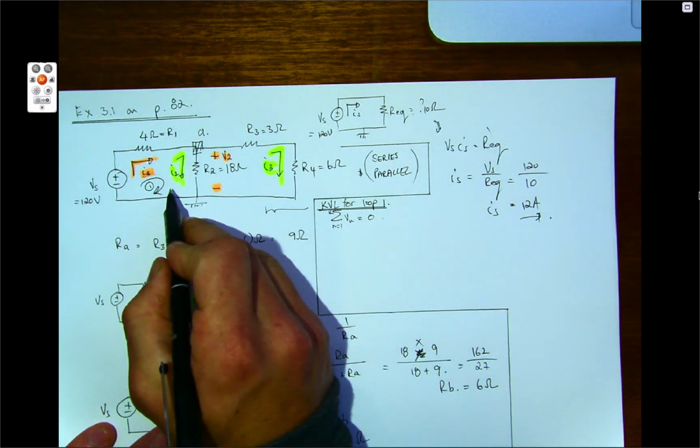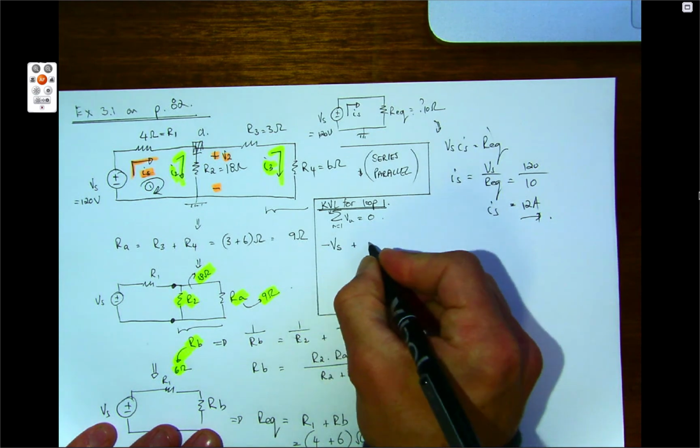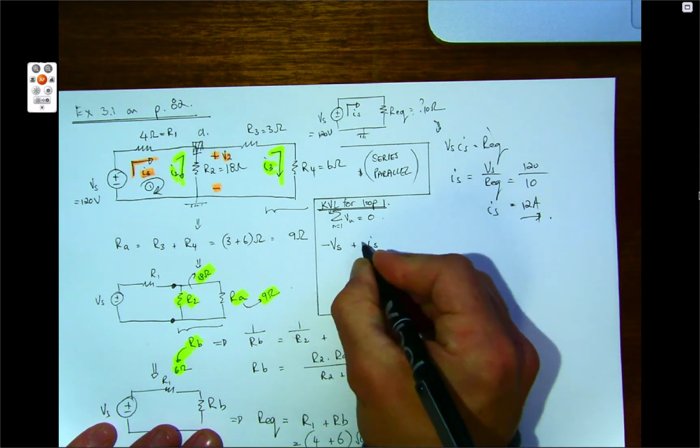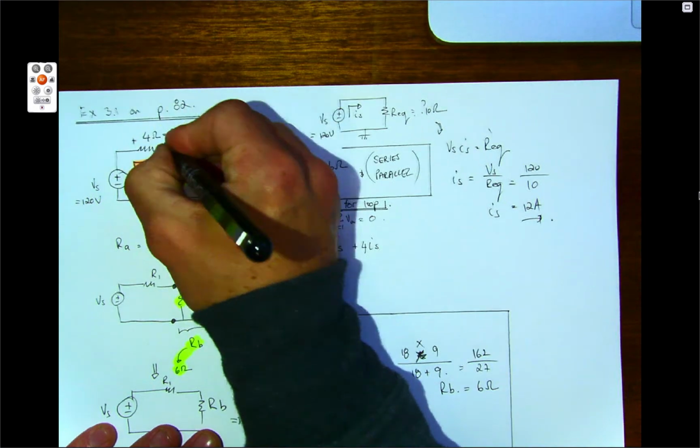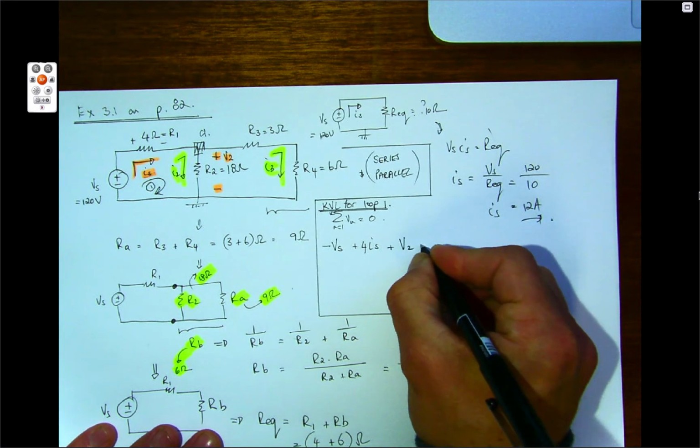Let's start walking around my loop. We're going to see Vs plus 4 times Is plus V2 is equal to 0.